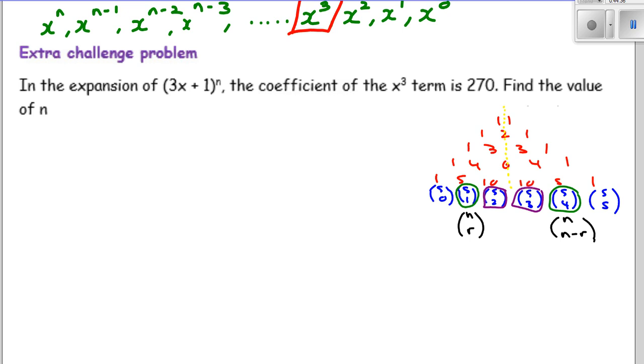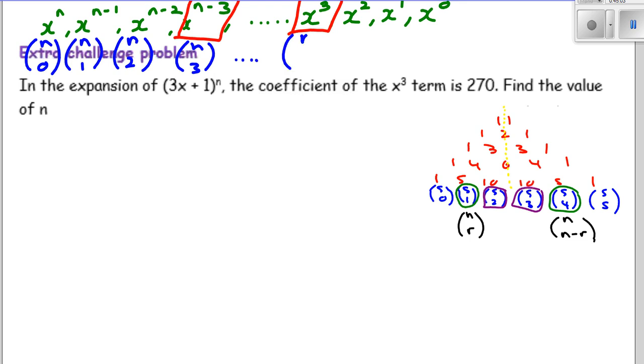Because when you do the little binomial coefficients, I probably should have written this below. Would you agree this is going to be n choose 0, this one's going to be n choose 1, n choose 2, n choose 3, dot dot dot, and then this one would have been n choose n minus 3, and this one is n choose n minus 2.